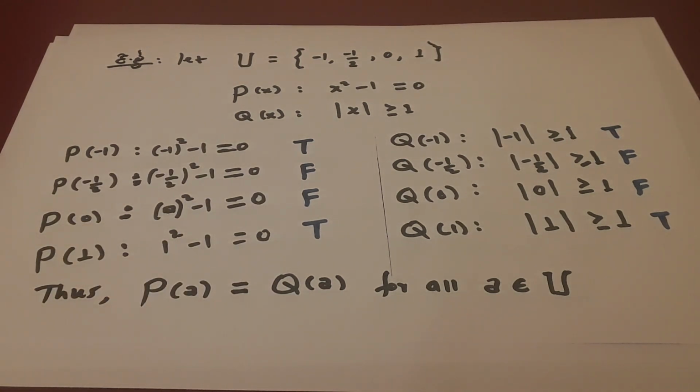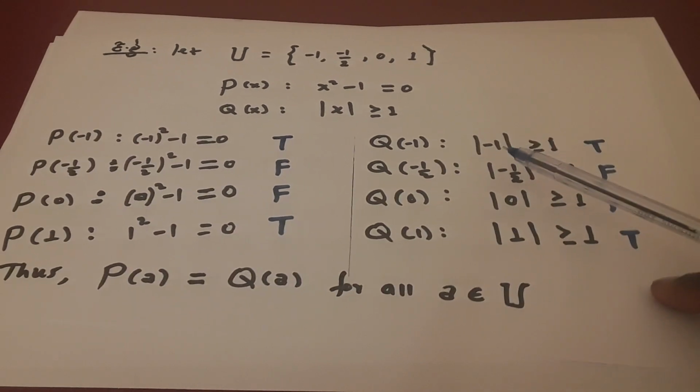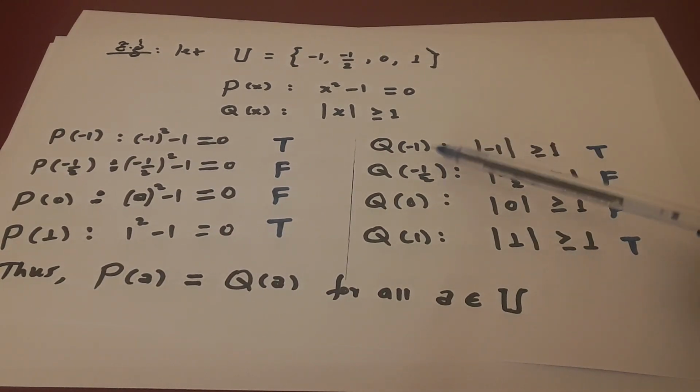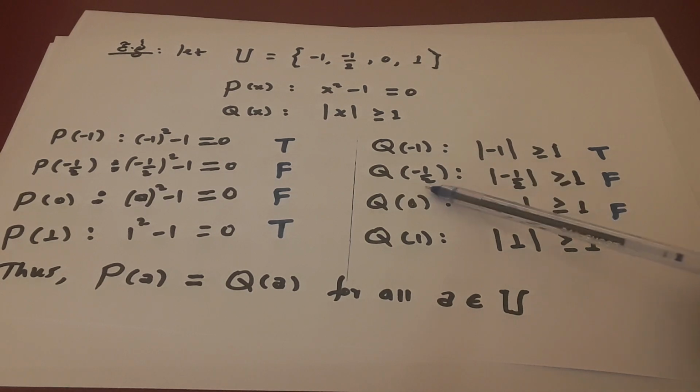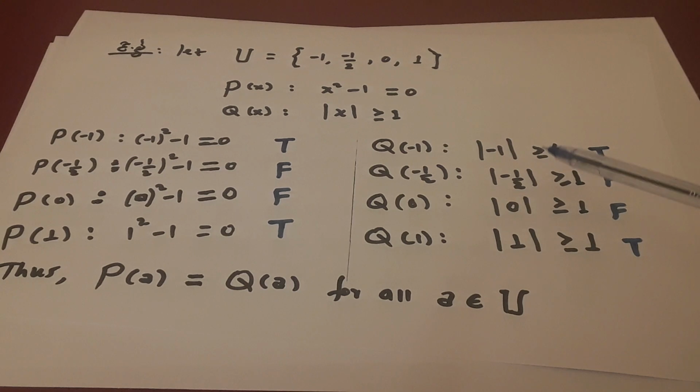Similarly for Q, with x equal to minus 1, minus half, 0, 1. The absolute value of minus 1 is 1, and 1 is greater than or equal to 1, true. The absolute value of minus half is half, which is not greater than or equal to 1, false. The absolute value of 0 is 0, which cannot be greater than 1, false. 1 is greater than or equal to 1, true.